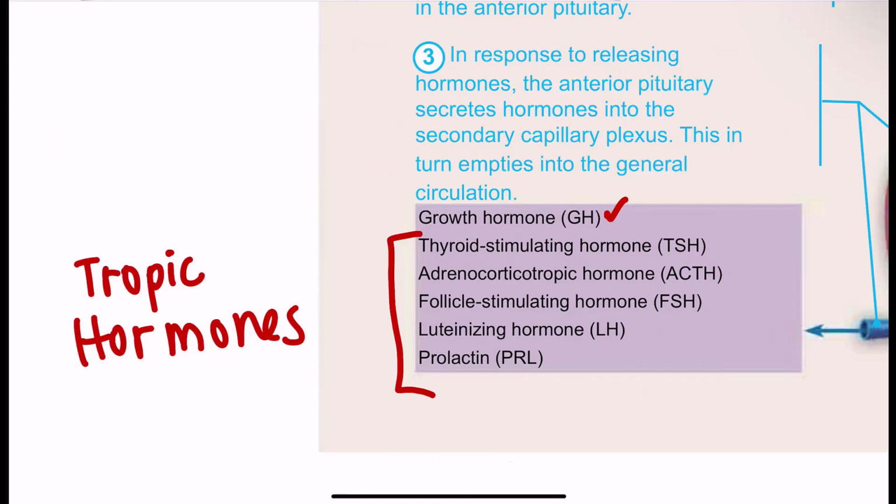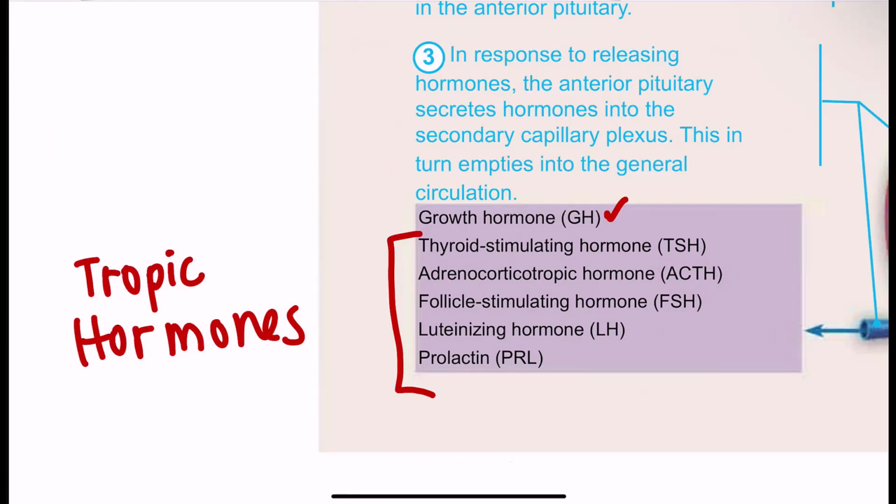The next is adrenocorticotropic hormone, or ACTH. Adreno refers to the adrenal gland. Cortico refers to specifically the adrenal cortex, and then tropic is the regulatory piece. So this hormone, ACTH, regulates the activity of the adrenal cortex, which is like the outer part of the adrenal gland.